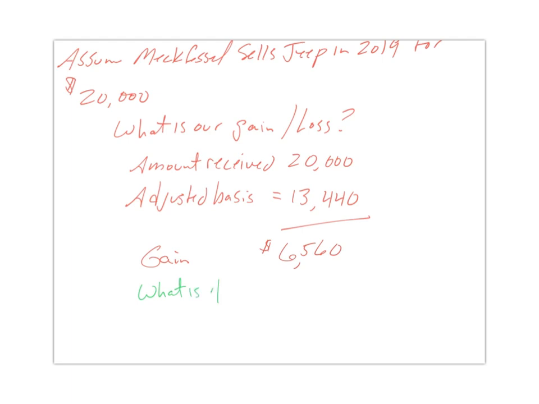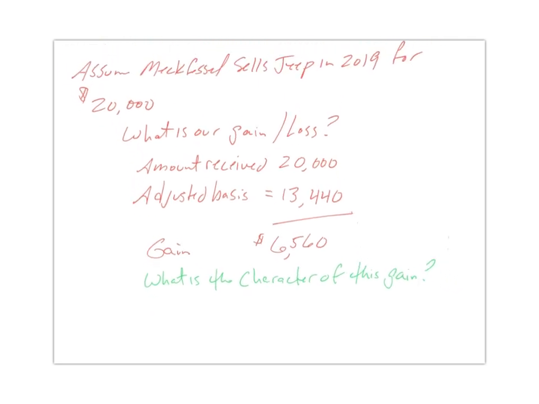what is the character of this gain? All right, well, the answer to that is based on what is the use of this asset and how long did we have it, okay? So, was this asset used in our business for a year or more? Yes.